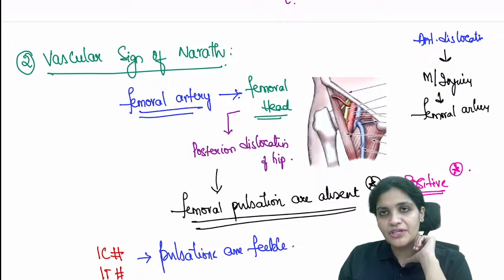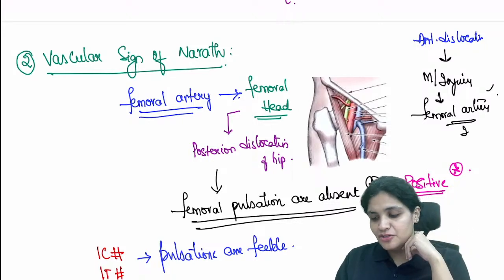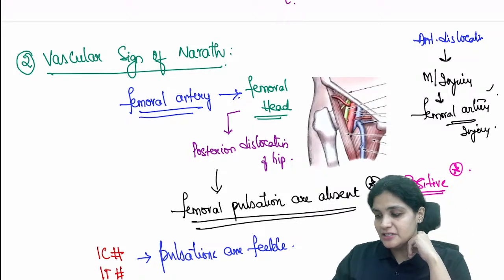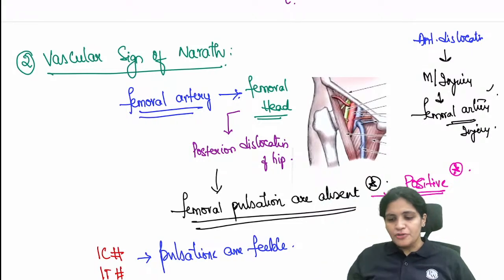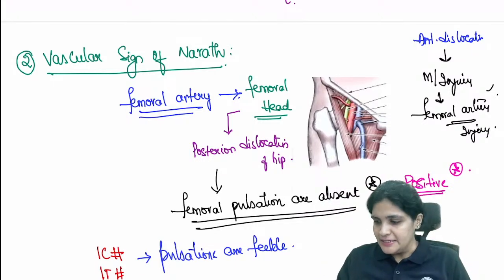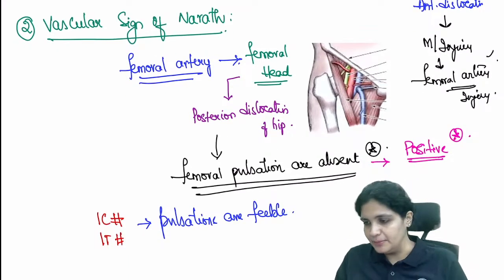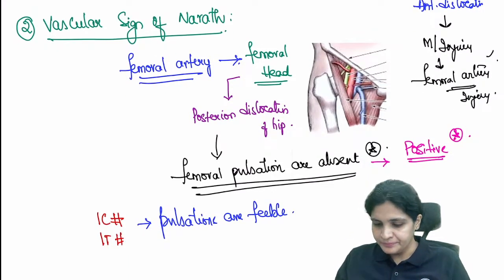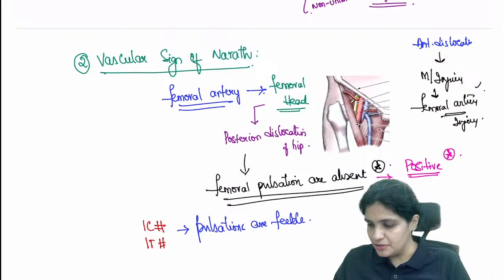Right, in posterior dislocation, it is sciatic nerve injury. So femoral artery injury is most commonly seen in anterior dislocation. Then you can feel the pulses. But in posterior dislocation, you can't feel the pulses. In IC and IT, the pulsations are feeble. They're present, but they're feeble. Clear? So that is the third point, which is important in case of your hip joint examination.